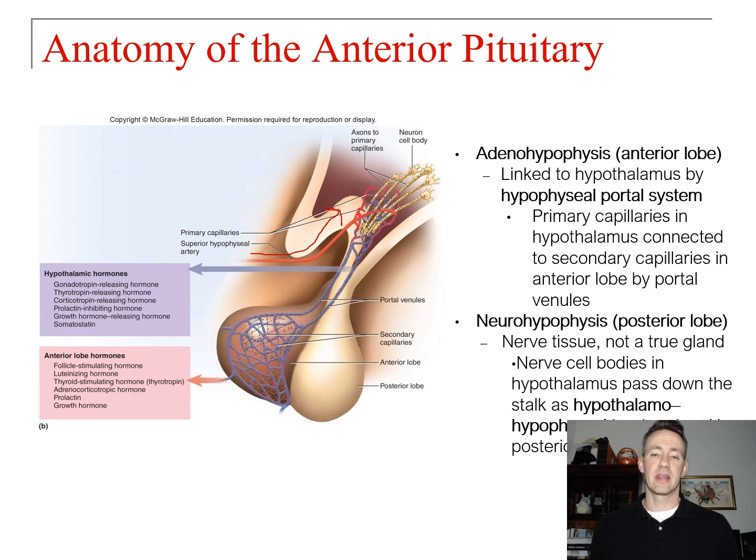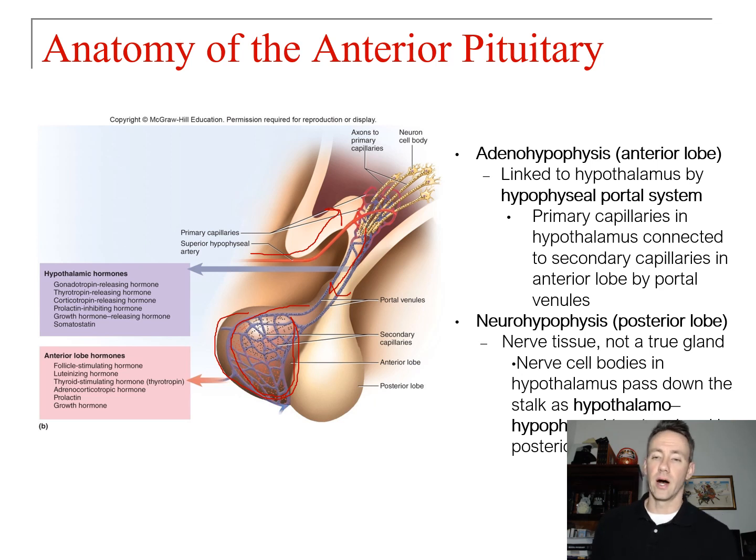And then ultimately that will then go into the venules, just like a normal capillary system would, except that these venules lead to another capillary system, or another capillary bed, which is located in the anterior pituitary. So that whatever is secreted by the hypothalamus can kind of go directly to the anterior pituitary and then bathe those cells and communicate with those cells in the anterior pituitary.